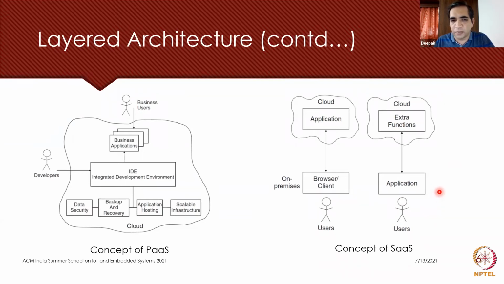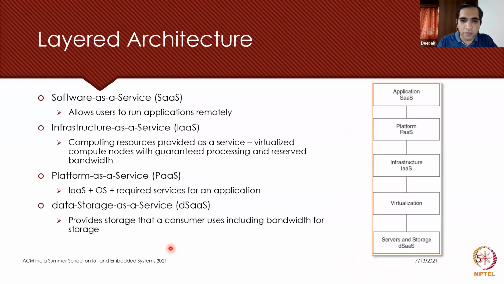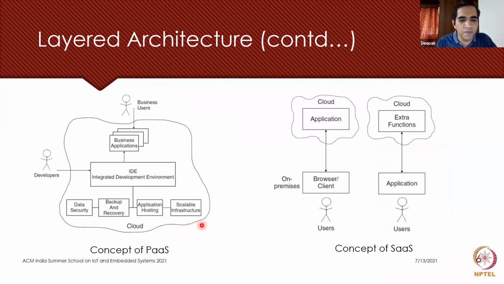Now, the platform as a service, as I already mentioned in the previous slide, is, as we remember, infrastructure as a service plus the OS and some required services. So that is what this looks like.